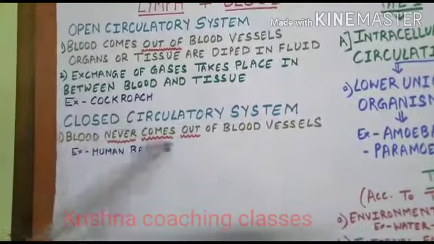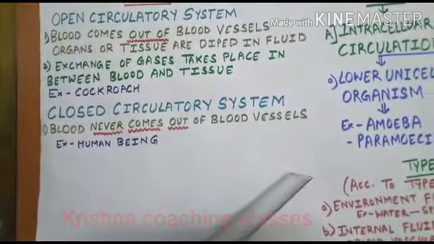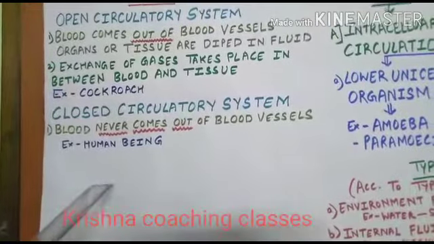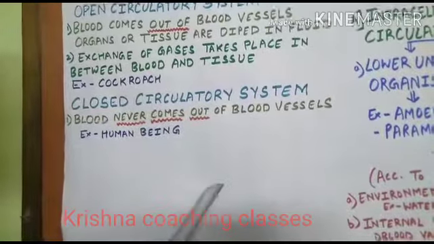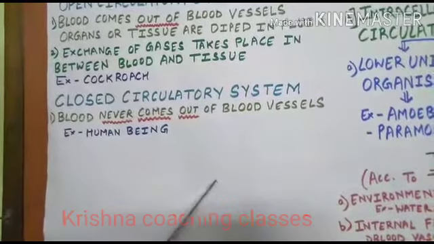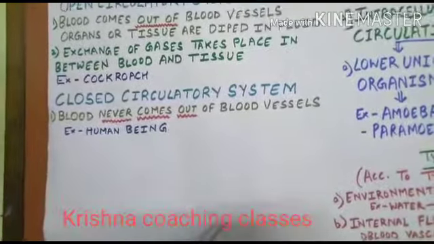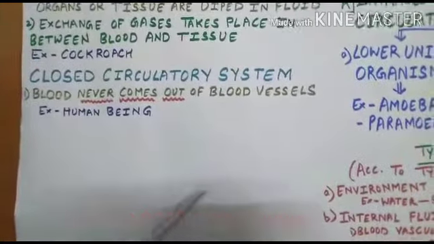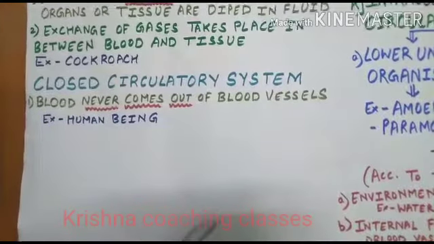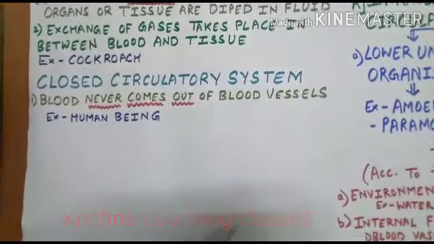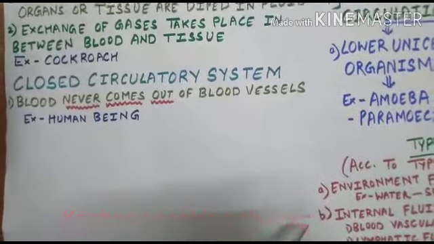Now, next very important, the closed circulatory system. The blood never comes out of blood vessels. Exchange of gases takes place through arteries, arterioles, then venules. Through venules the organs get the blood supply, and after the exchange of gases takes place, the waste materials go again to veins.